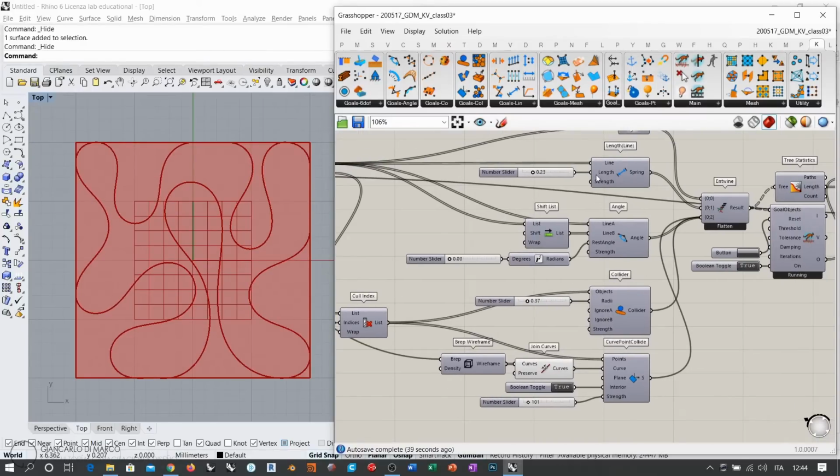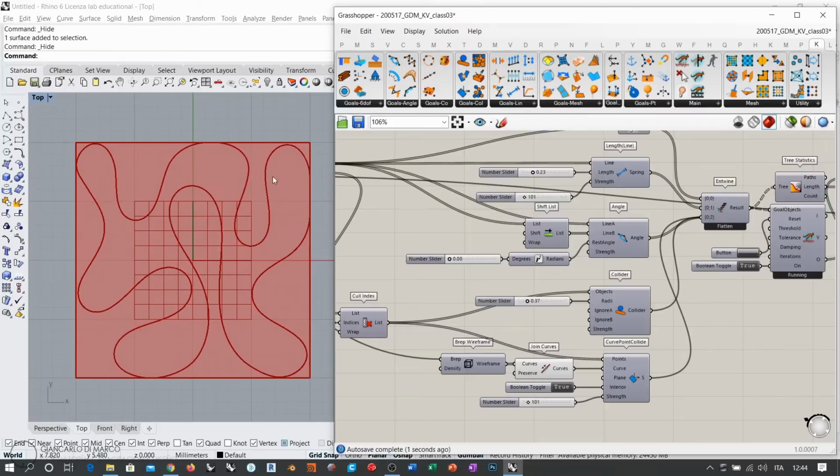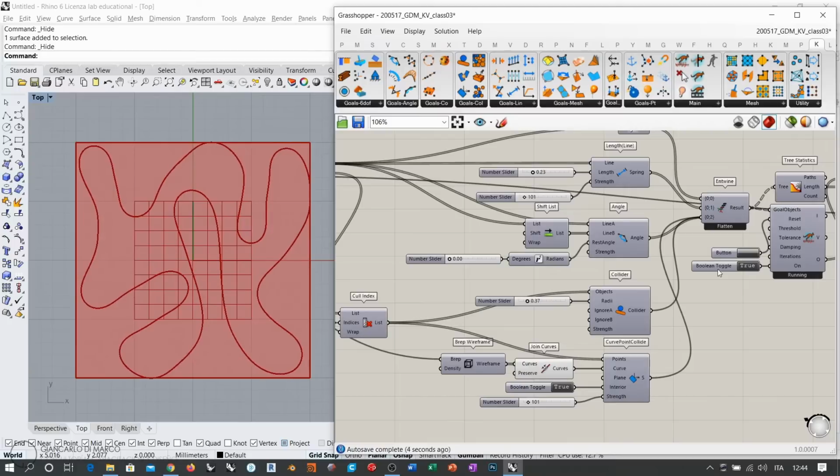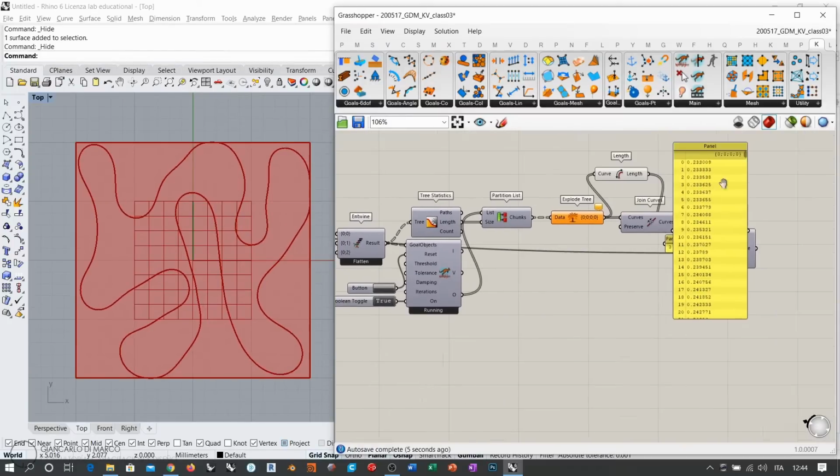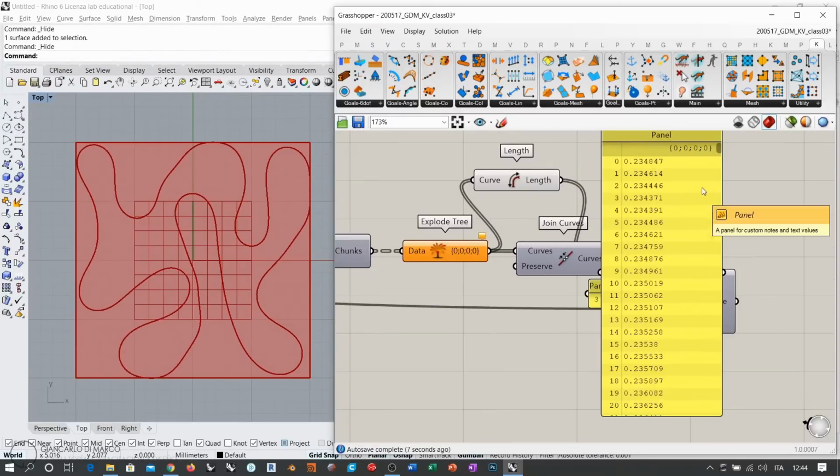But if we want the springs to have exactly this length, then we can increase the strength of the springs. So even if we have a collision radius of 0.37, if we place a 101 slider to these springs, you will see that this curve tends to shrink. And now if we go here, you see that these lengths are getting closer to the 0.23 value.